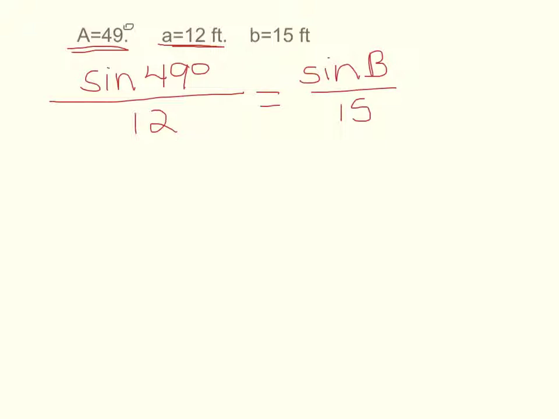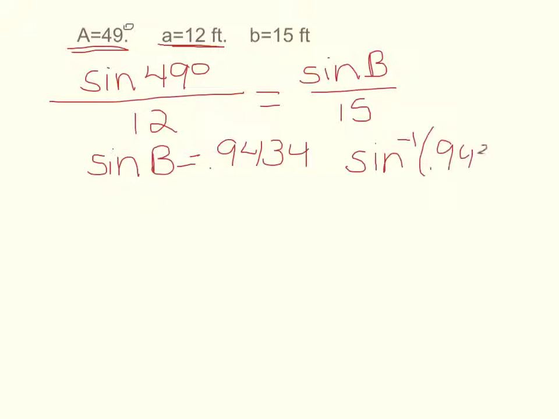When I do all the proper algebra for that, I find out that the sine of B equals 0.9434. And then the inverse sine of 0.9434 gives us our angle measure for B, so it tells us that B is equal to 70.628 degrees.